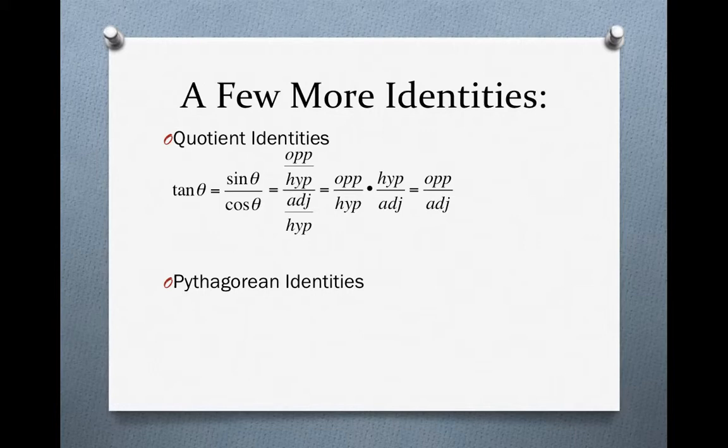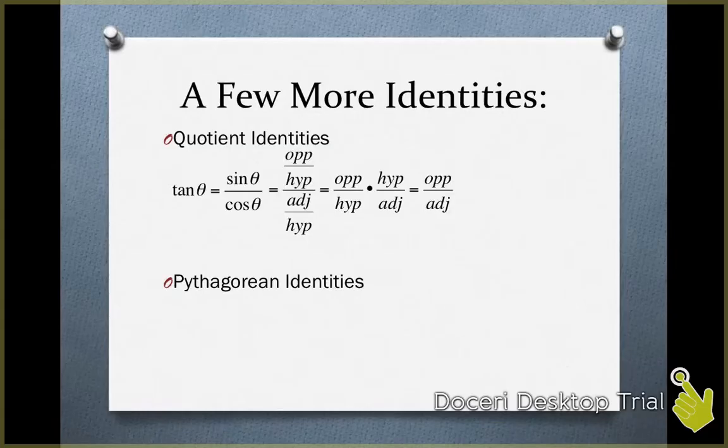So we know that sine of theta is supposed to be the opposite over the hypotenuse, and cosine of theta is supposed to be adjacent over hypotenuse. Or if we have the one over the other, that's actually like dividing. So instead of dividing, I'm going to change that into multiplying by the reciprocal. And when I do that, you can see that my hypotenuses are going to cancel out.